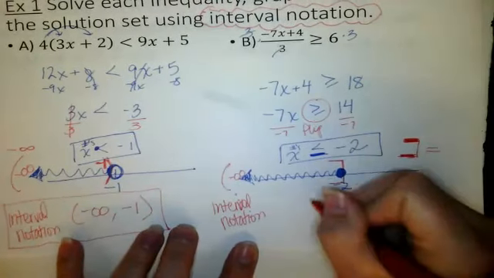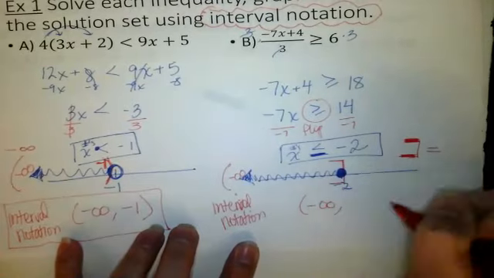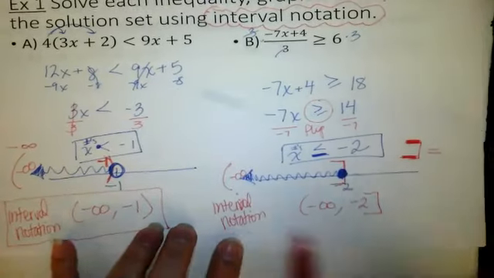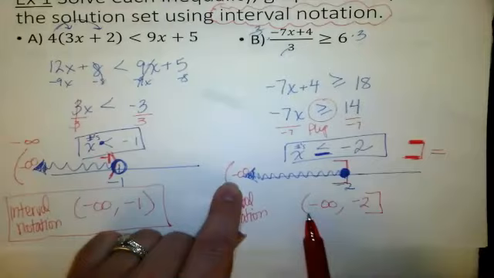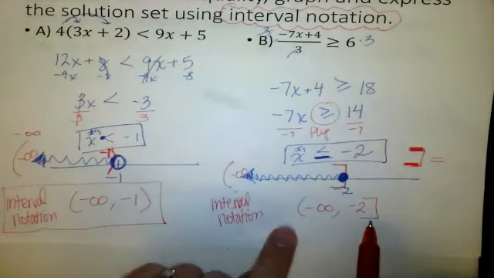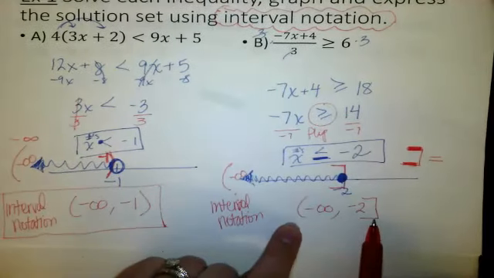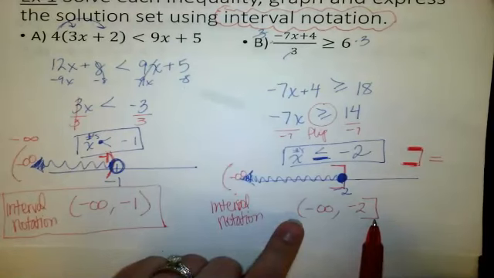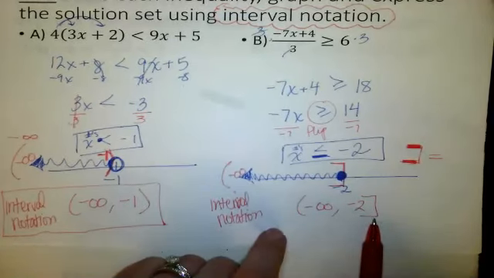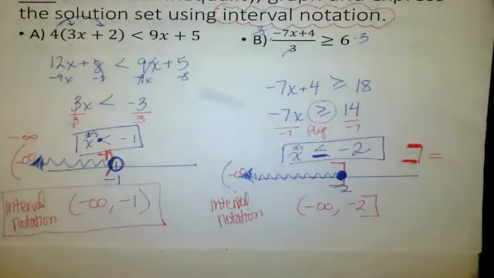So from negative infinity to -2, we get to include the -2, but not include the infinity because we're never going to get there anyway. So -2 is included. It is an answer.